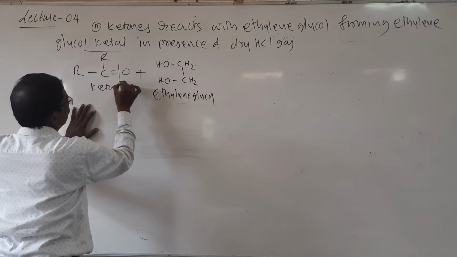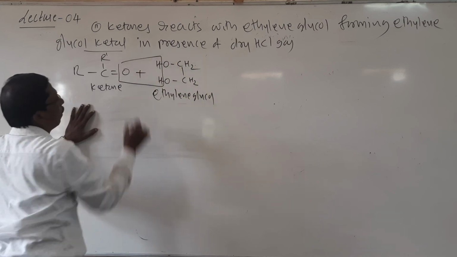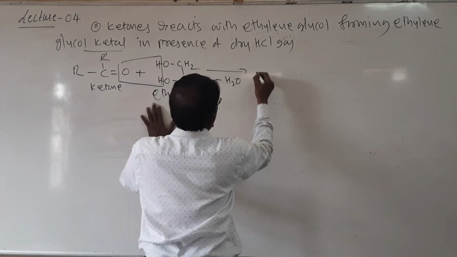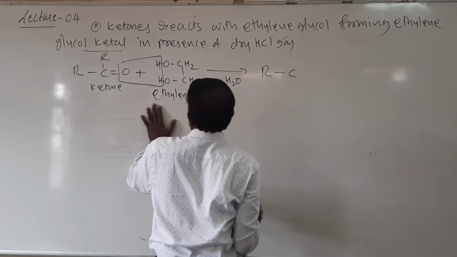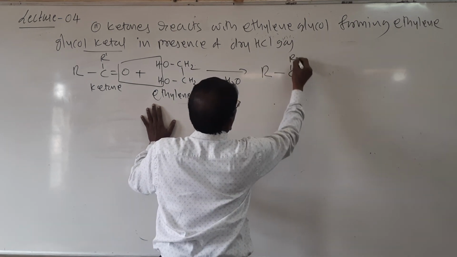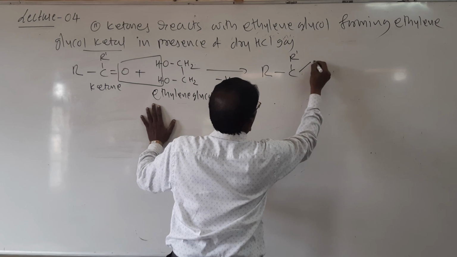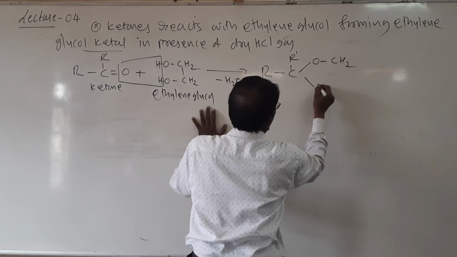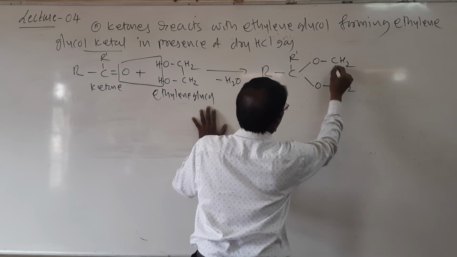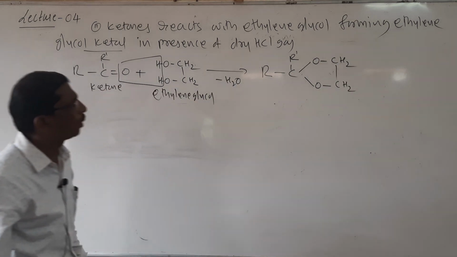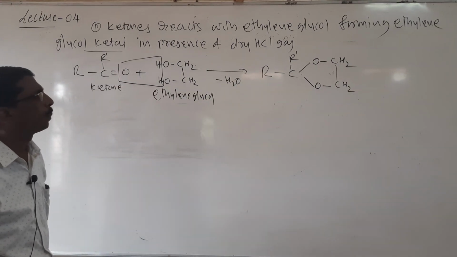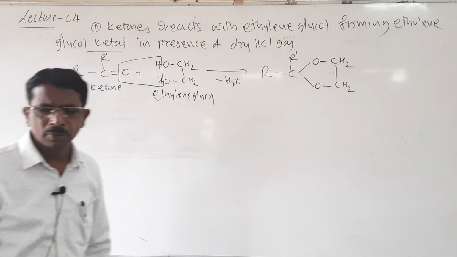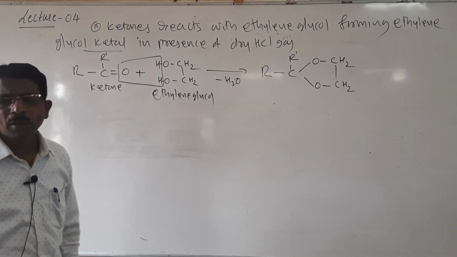Look here, so water is removed, minus H2O, so then it forms R C R dash, with O, CH2 like this. So it is an example, which forms ethylene glycol ketal. It is called ethylene glycol ketal.